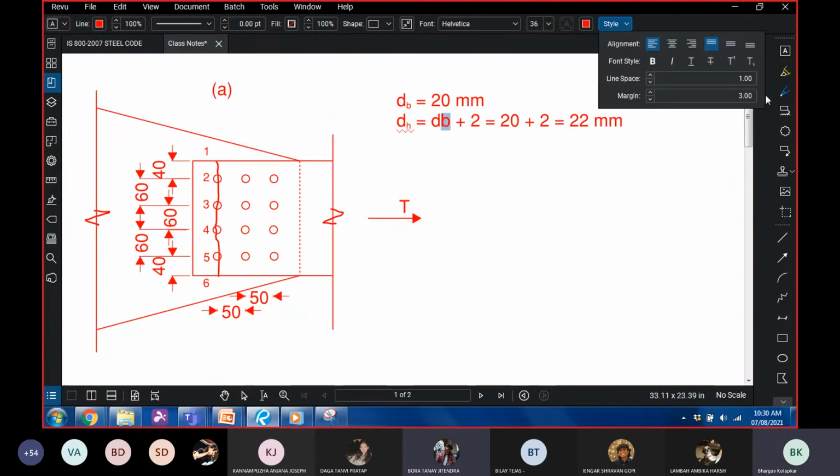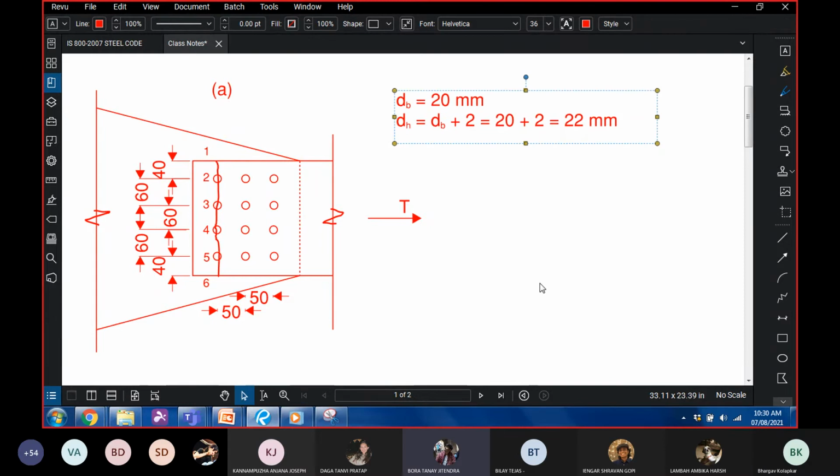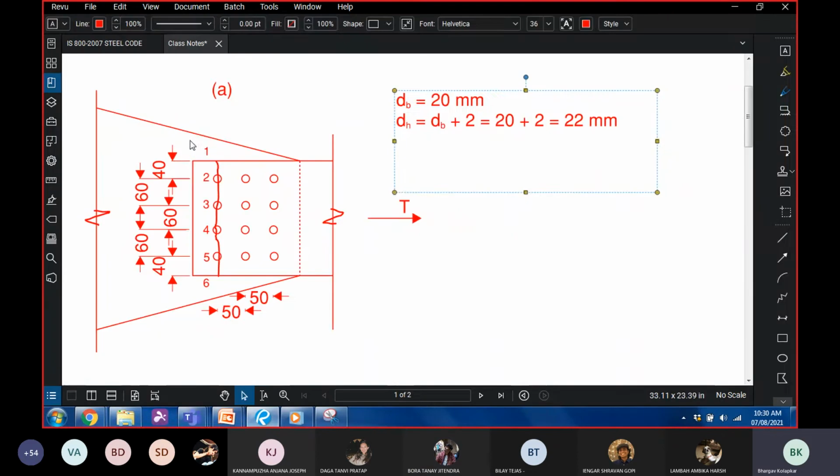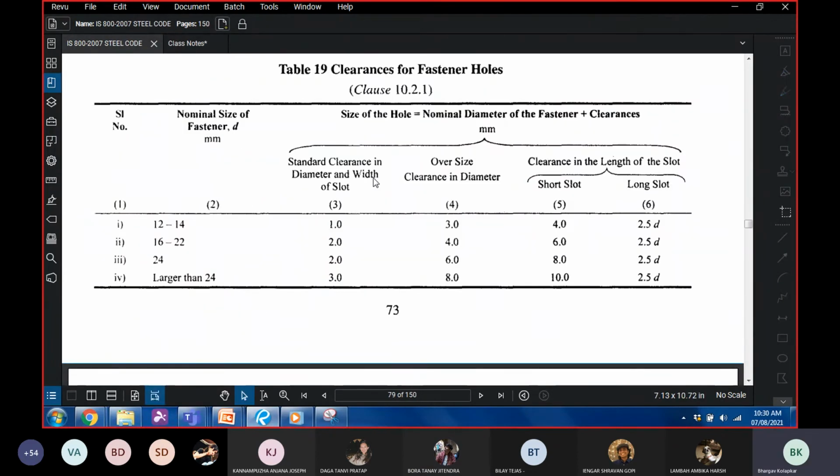Bhargav, how do we know that the clearance is 2? It's not given, but from this particular table, we have an estimate that for bolts ranging from 16 to 24, it's 2. Irrespective of what the diameter of bolt hole is given in the numerical, if you assume it to be 2, I'll be okay with it.